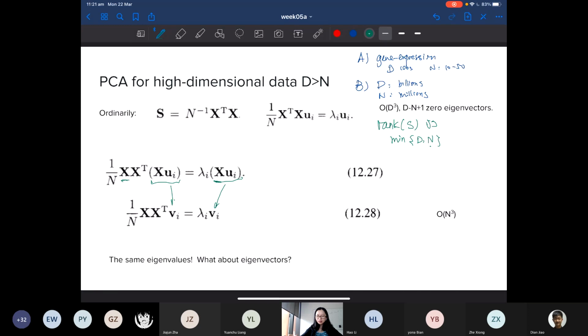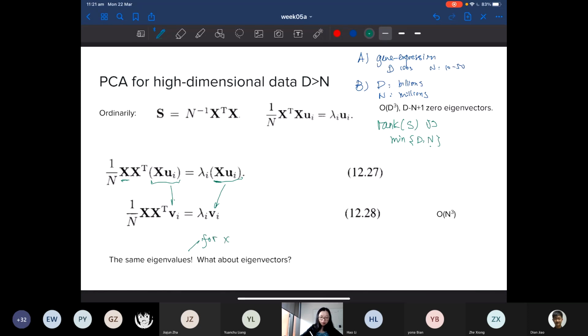What we can notice is that once we rewrite this expression this way, this is the eigenvalue expression as well, right? So we know that we're looking at the same set of eigenvalues, lambda i, for a different matrix, right?